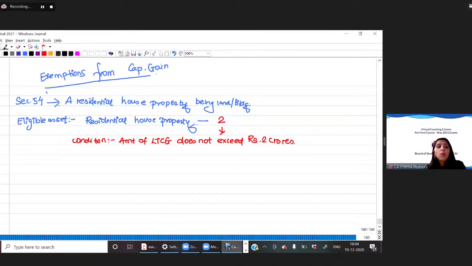And this option can be exercised only once in the lifetime of the taxpayer.